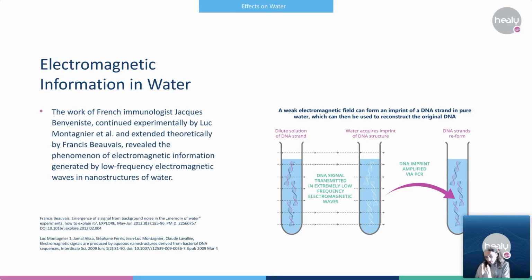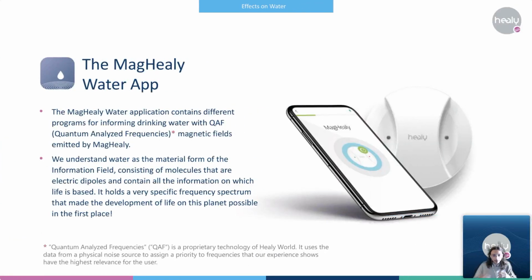And then you can use this information and do something with it. In our case, we drink the water and use the frequency information to inform our system, to inform our bioenergetic field, to get a harmonization effect, or whatever effect we are longing for, depending on the program, of course. And this is an effect that's very useful, and very unique in water also, because water is a different kind of material that we will see later.